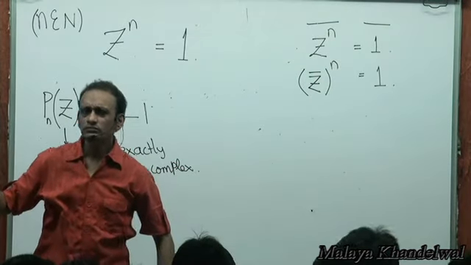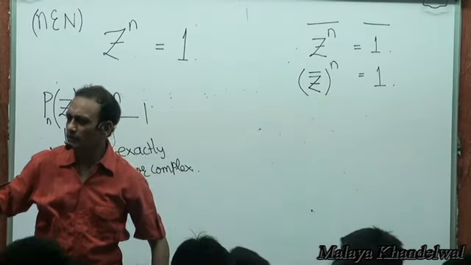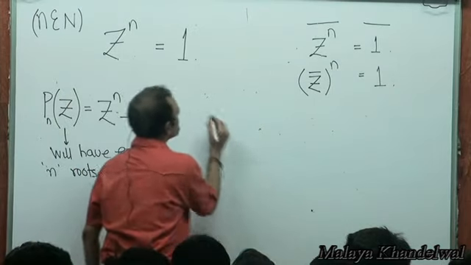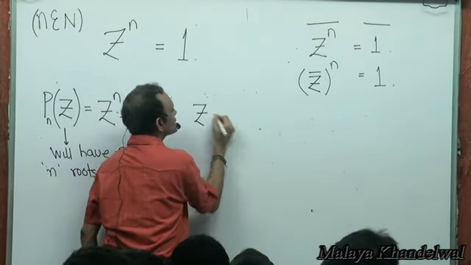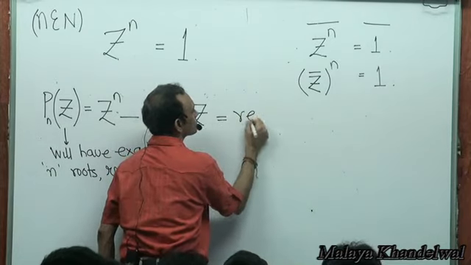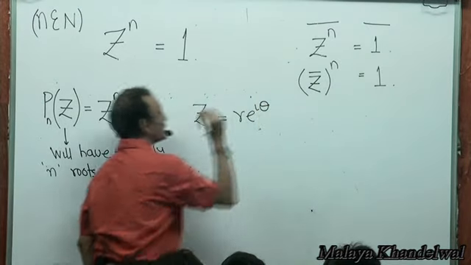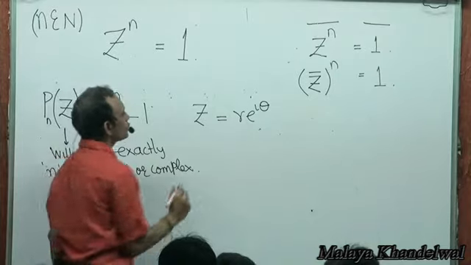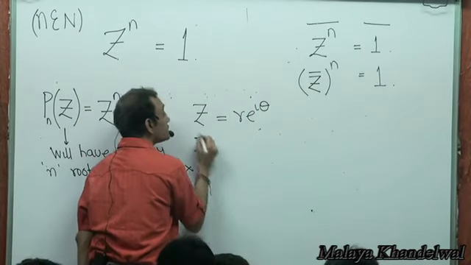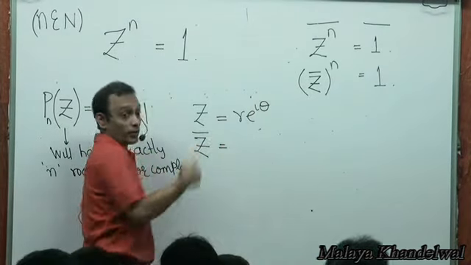You know why? Don't know why, no? See, suppose z is r e to the power i theta. What would z bar be? z bar is the mirror image of z about the x-axis.